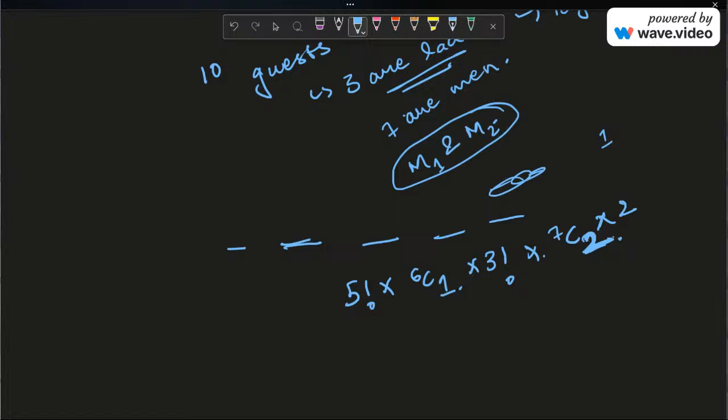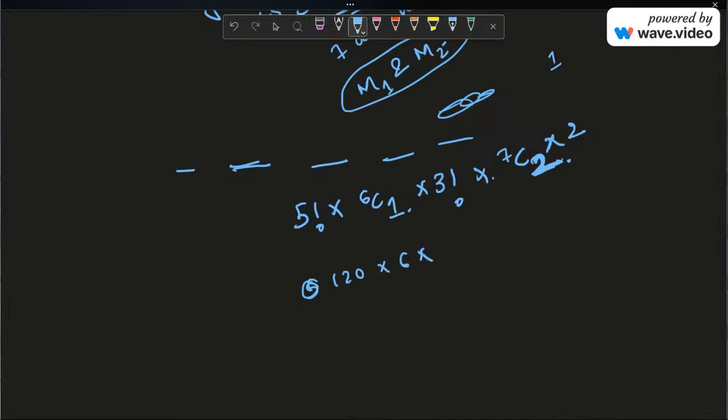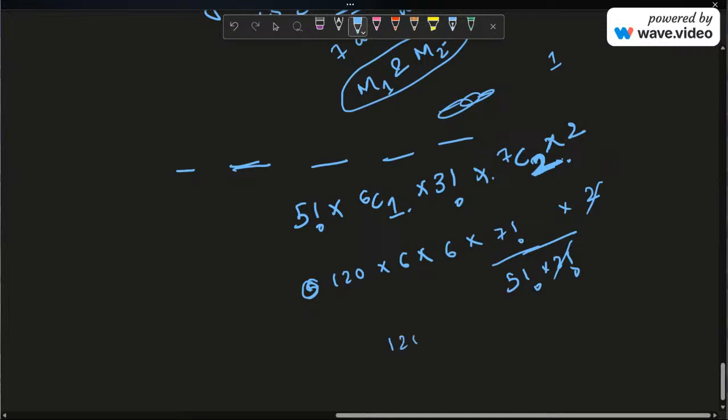So yes, this must be the expression: 5 factorial is 120, into 6 into 3 factorial is 6, into 7C2. 7C2 is 7 factorial upon 5 factorial into 2 factorial, into 2, so 2 factorial cancels out. 120 into 6 squared into 7 into 6.